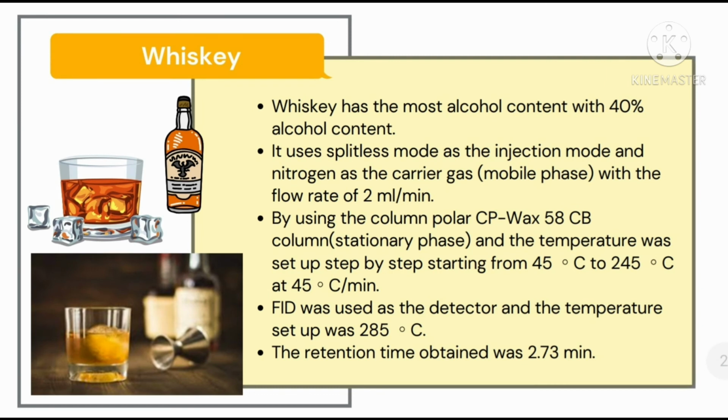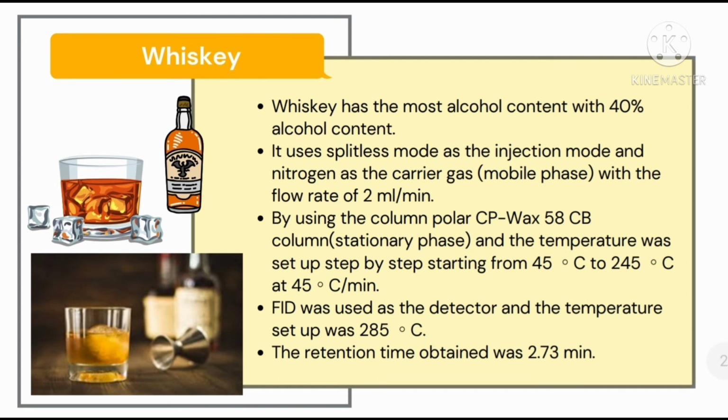And lastly is whiskey. Whiskey has the most alcohol content with 40%. It uses splitless mode as the injection mode and nitrogen as the carrier gas or mobile phase, with a flow rate of 2 ml per minute. The column used is Polar CP Wax 58 CB as the stationary phase, and the temperature was set up step by step, starting from 45 degrees Celsius to 245 degrees Celsius at 45 degrees Celsius per minute.